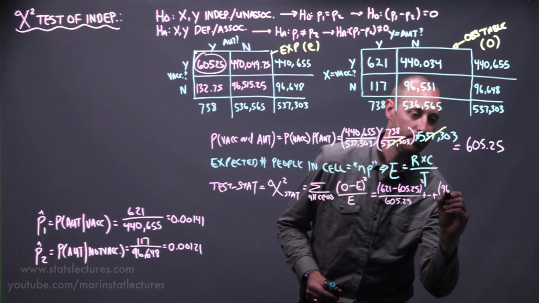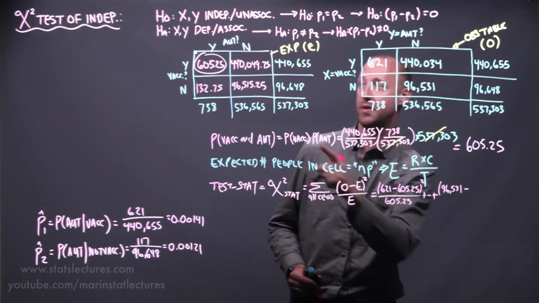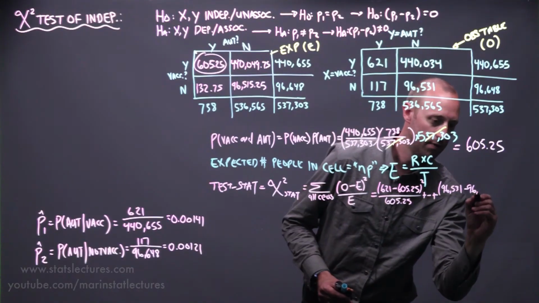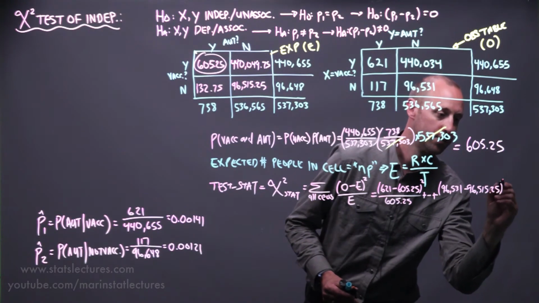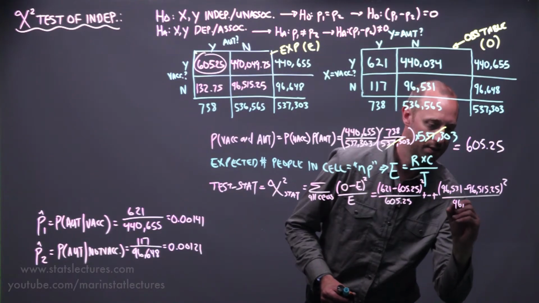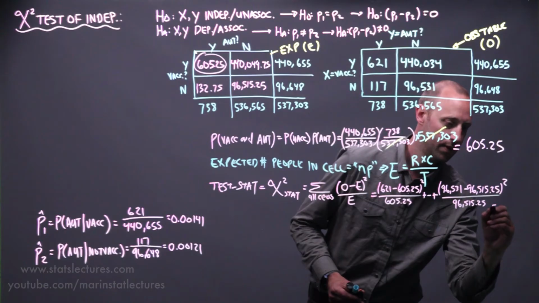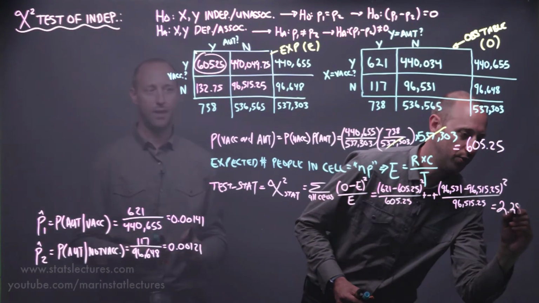How far is the observed 96,531 from the expected count of 96,515.25, squared, divided by the expected count of 96,515.25. And if you work all this out, it's going to come out to be 2.28.